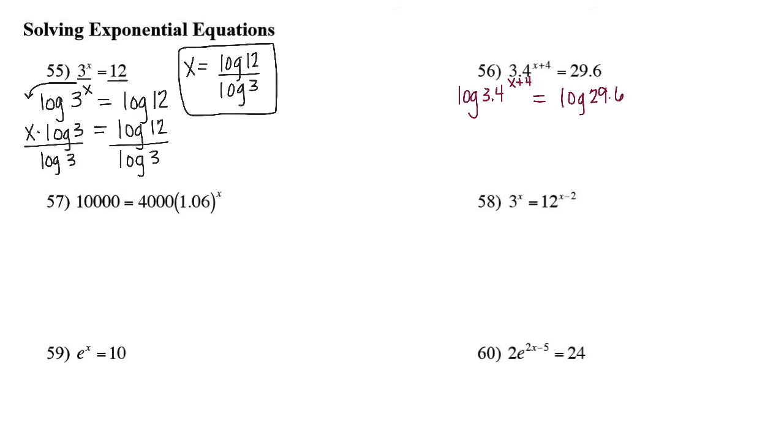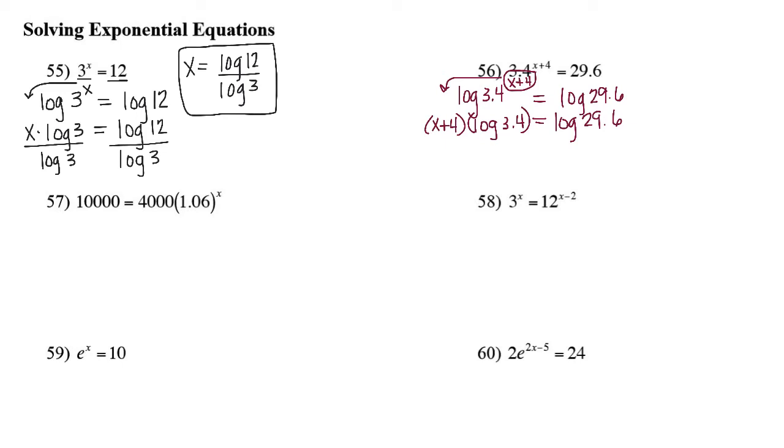And again, all of this exponent needs to come down to the front. So I have (x + 4) times log 3.4 equals log 29.6.